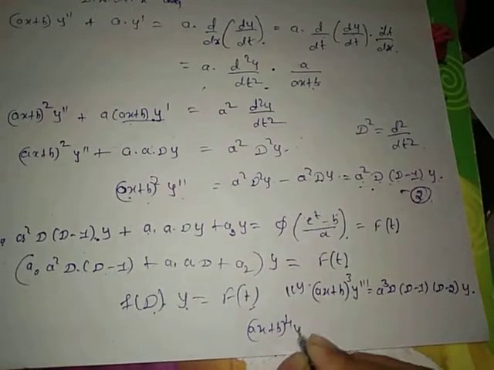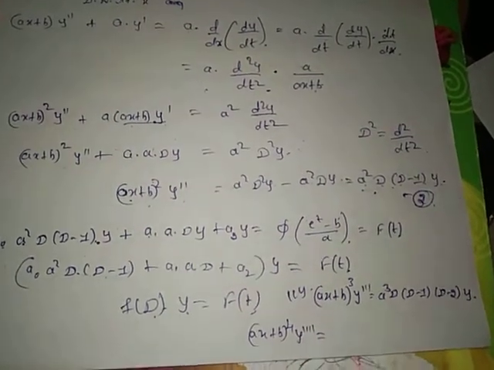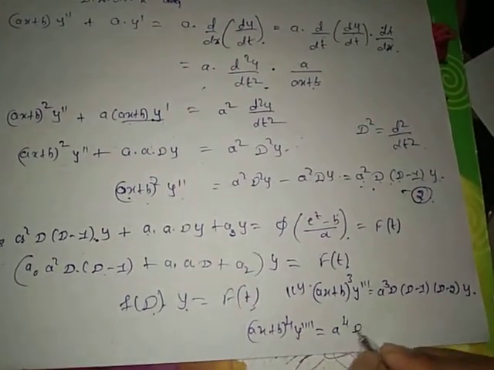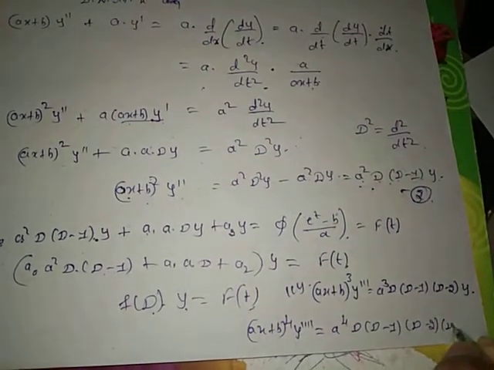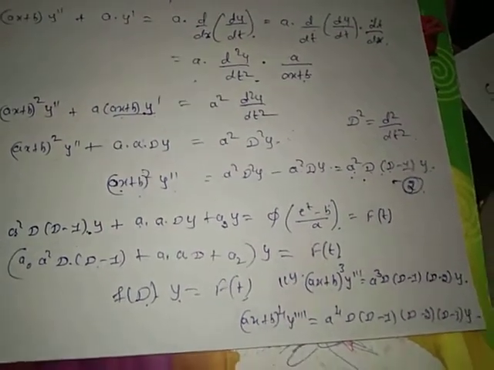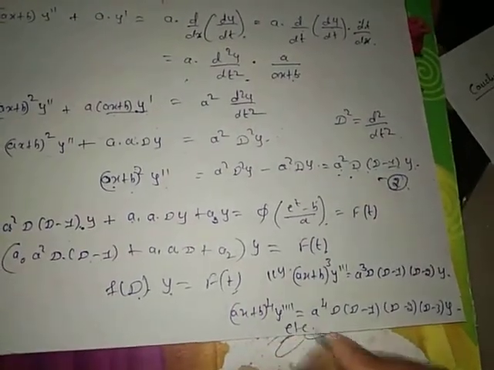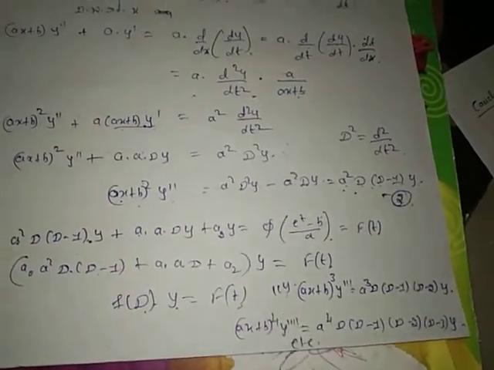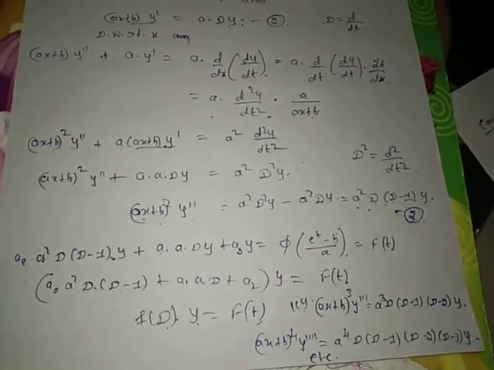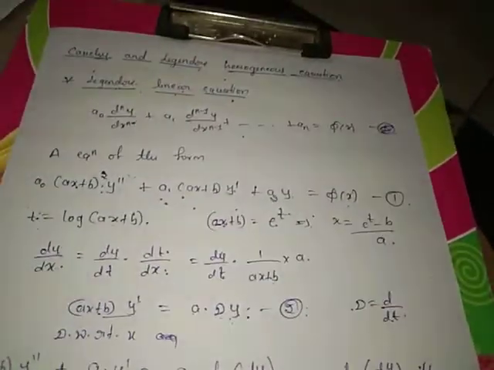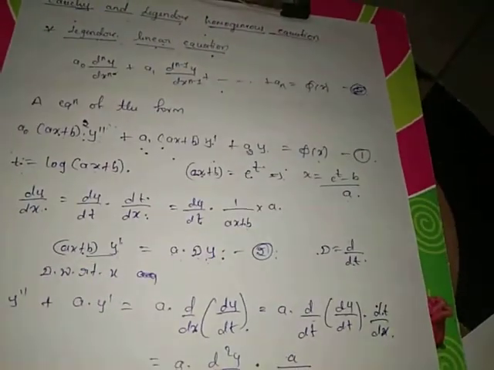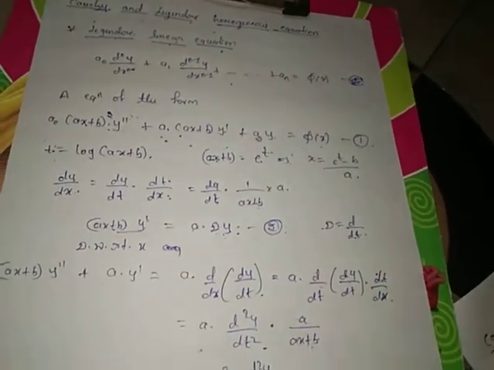Ax plus b whole raised to 4 is equal to a raised to 4 d minus 1 d minus 2 d minus 3 of y. Similarly for others, this can also be taken as a substitution for the higher order also. So that is how to convert the Legendre linear equation to the differential equation with constant coefficients.